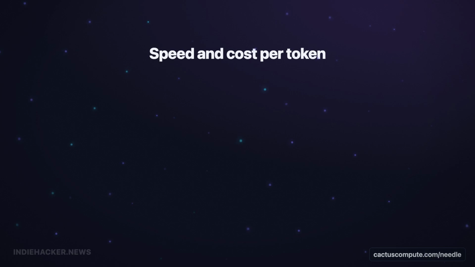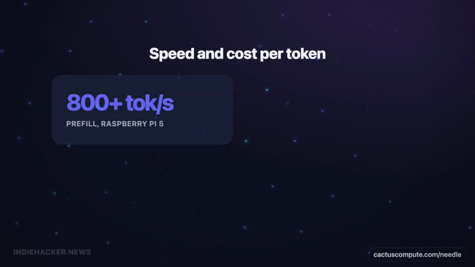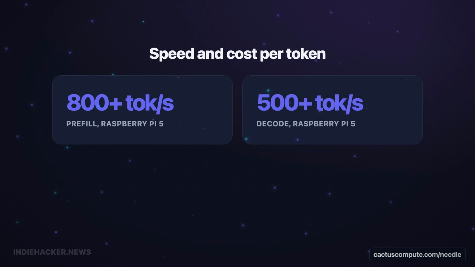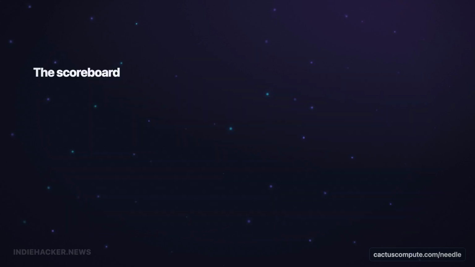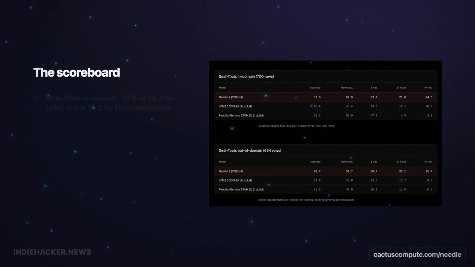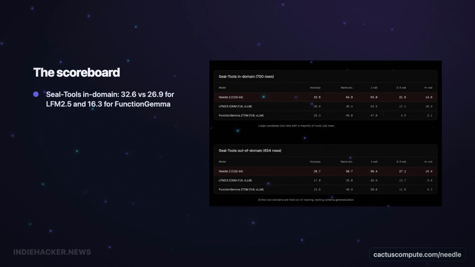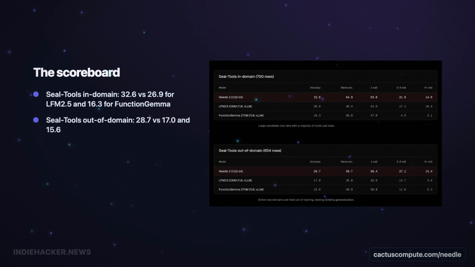The speed numbers all come off cheap hardware. Prefill on a Raspberry Pi 5, decode on the same board, then sub $200 phones, and the compute cost of a single token. The scoreboard splits by benchmark. On seal tools, where the model has to pick the right tool from a declared set, Needle leads its class both in and out of domain, and the harder split holds back entire tool families it never saw in training.